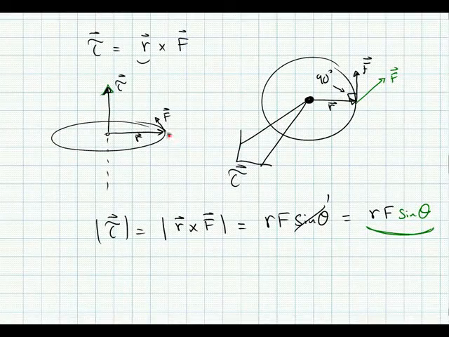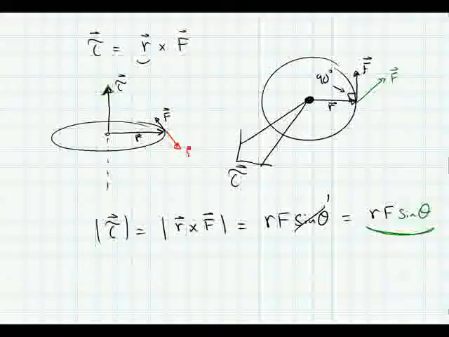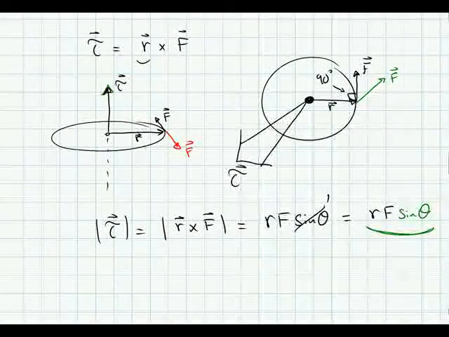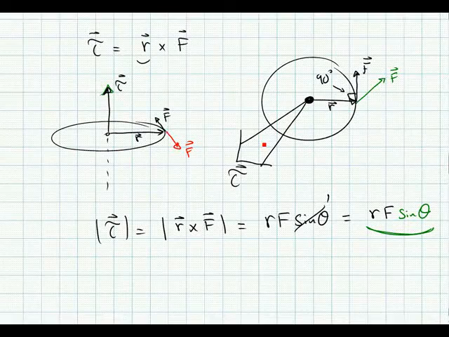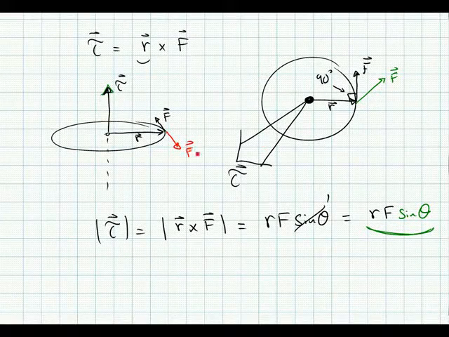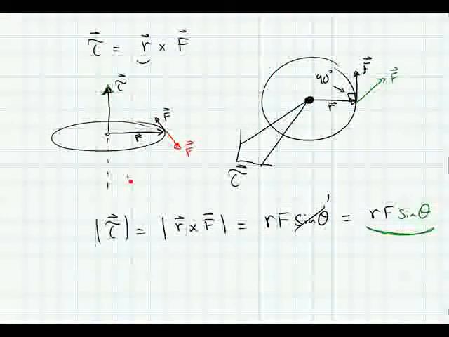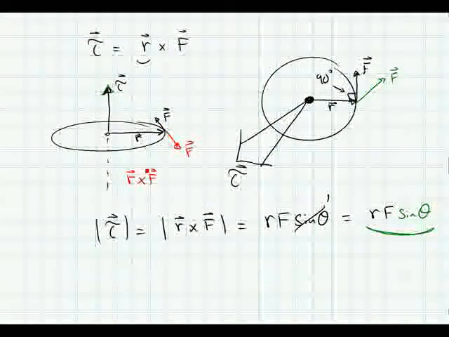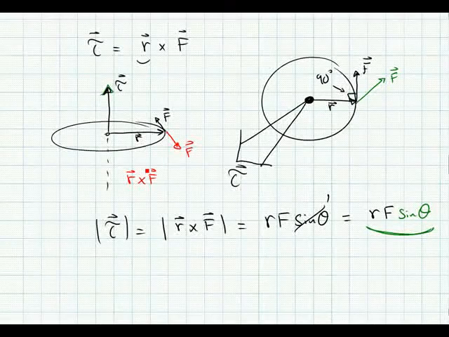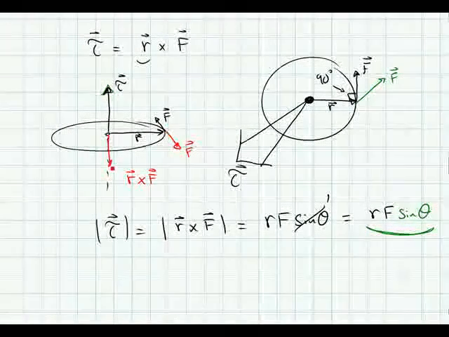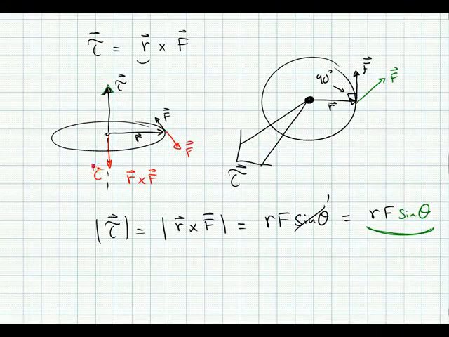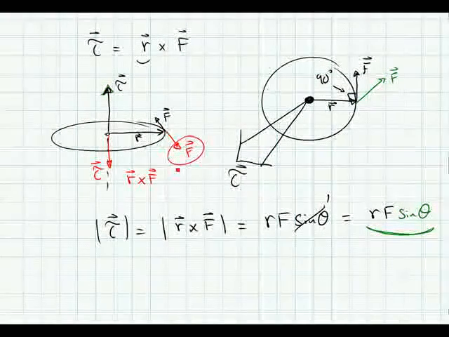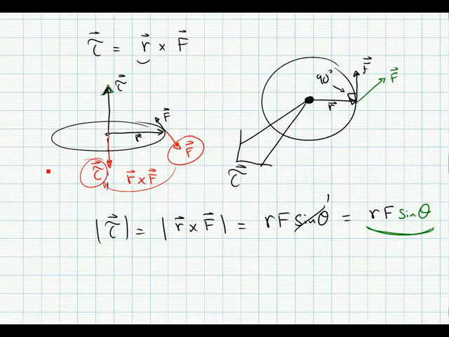Now if you were to apply a force in the opposite direction, then once again using your right hand rule, consider the cross product of r cross F, index finger along r, middle finger along F. You see that your thumb is now pointing downwards, which means that the torque due to this red force is in the negative z direction.